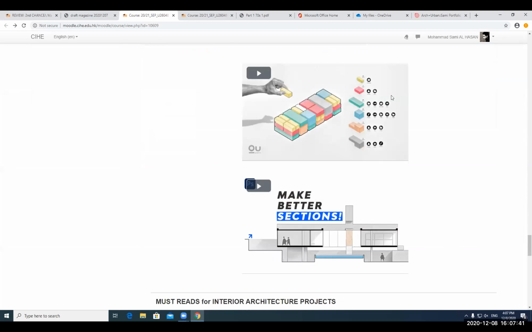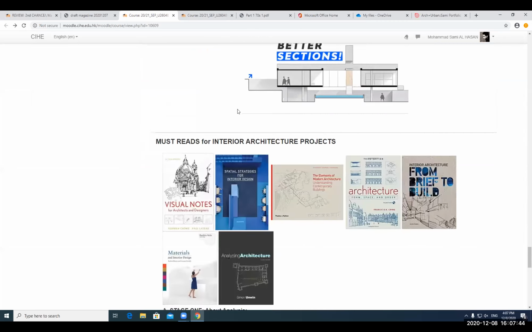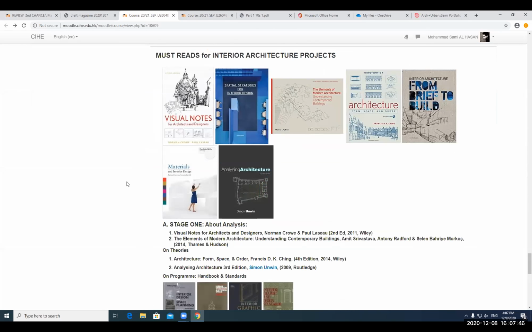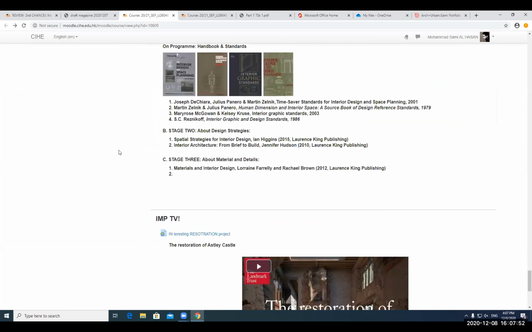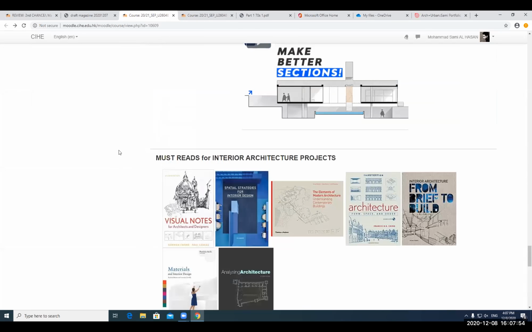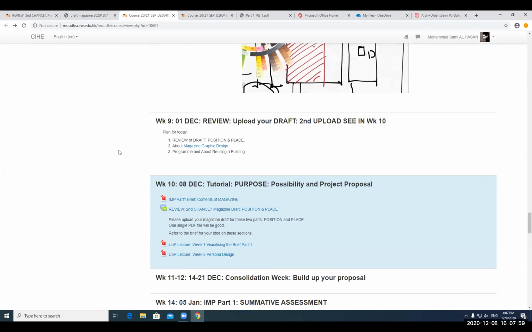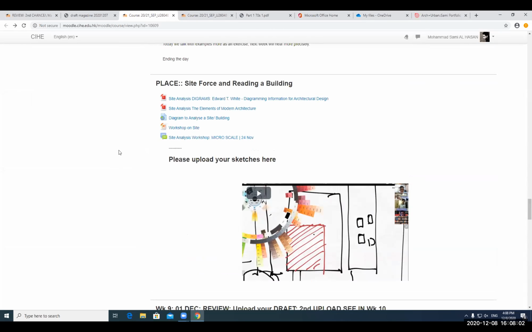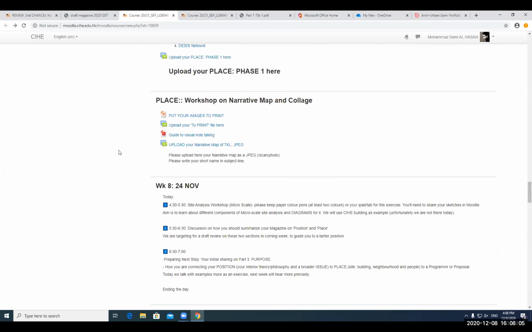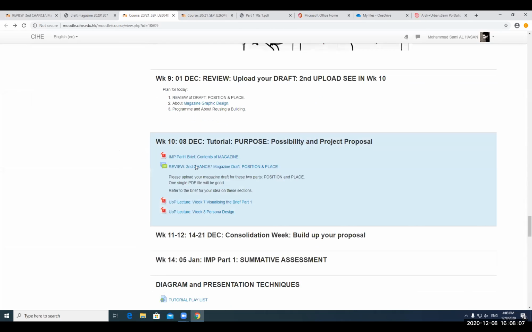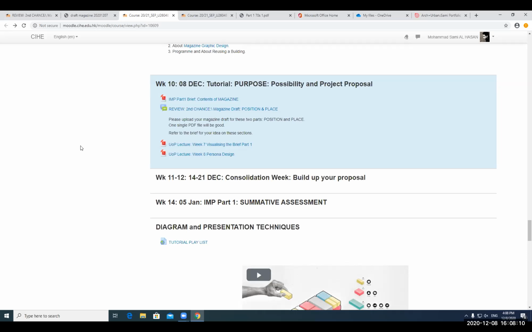From this book I'll put 2 chapters. Position of place and graphic design. Oh, not here. So you'll find it in the same place, under building up your proposal. Everything should be now under here.